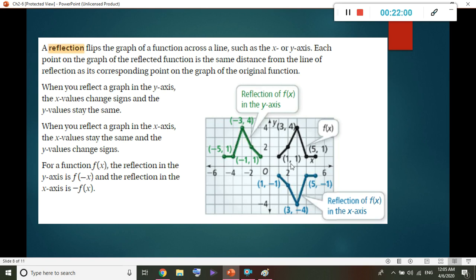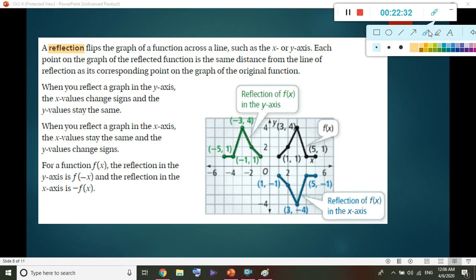Okay, so for example, we have this as the original function. Reflection means like looking at a mirror, where the x-axis is going to be the mirror here, or the y-axis. So reflecting about the x-axis is going to be downward here. When you reflect a graph in the y-axis, the x values change signs and the y values stay the same.